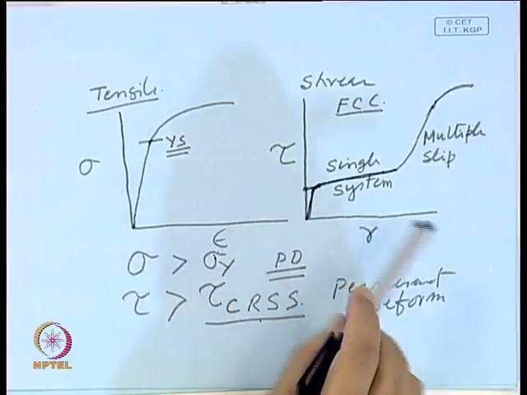So, we will look at this in a little more detail, and this is where you need to recapitulate the stereographic projection, because this kind of stress versus strain plot will be a strong function of crystal orientation.